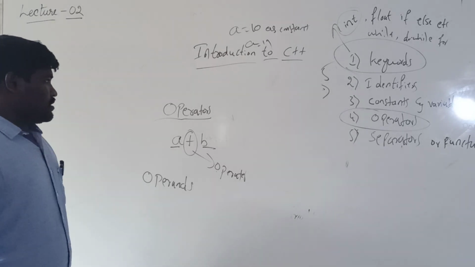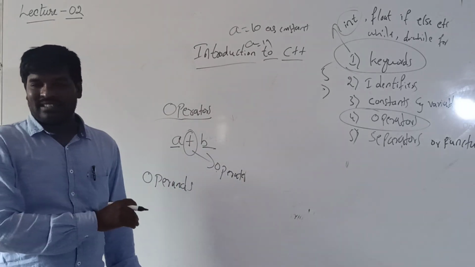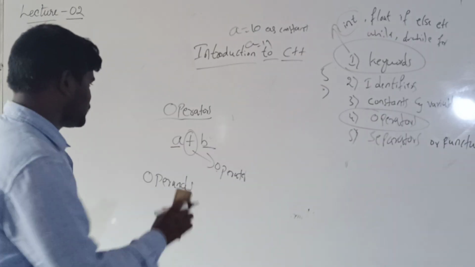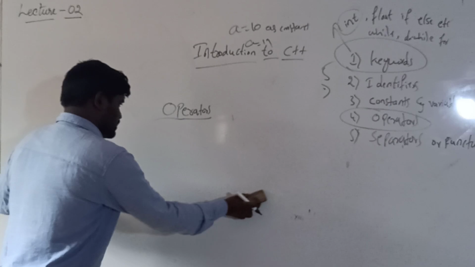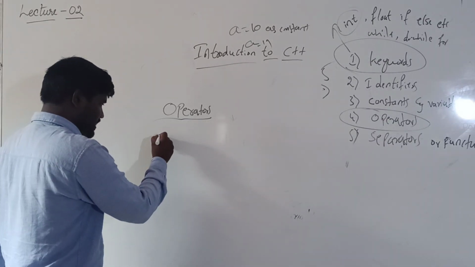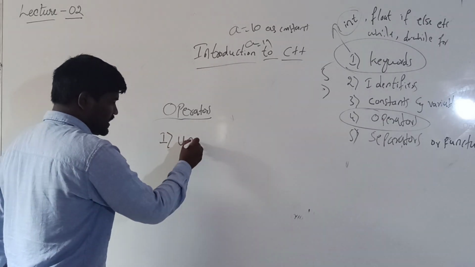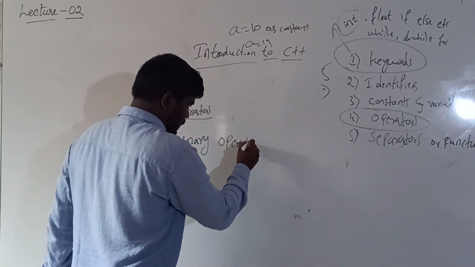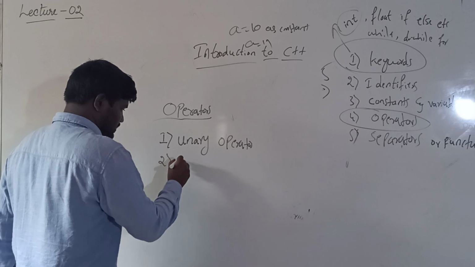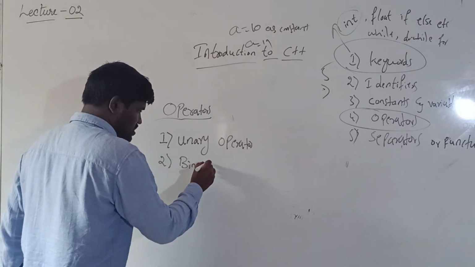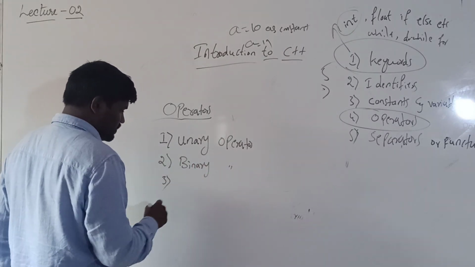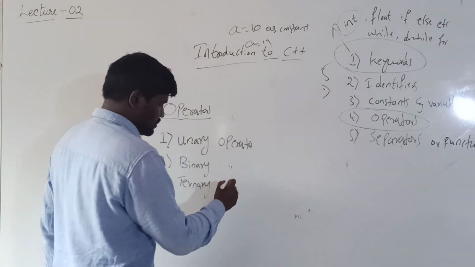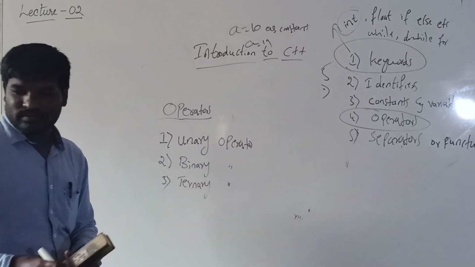In operators there are three types. First one is unary operator, second one is binary operator, and third one is ternary operator.